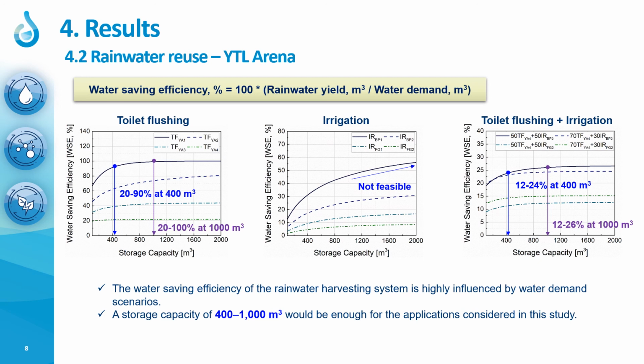And from the result, except for irrigation, for toilet flushing and combined use for toilet flushing and irrigation, a storage capacity of 400 to 1000 cubic meters would be enough for the applications considered in this study.